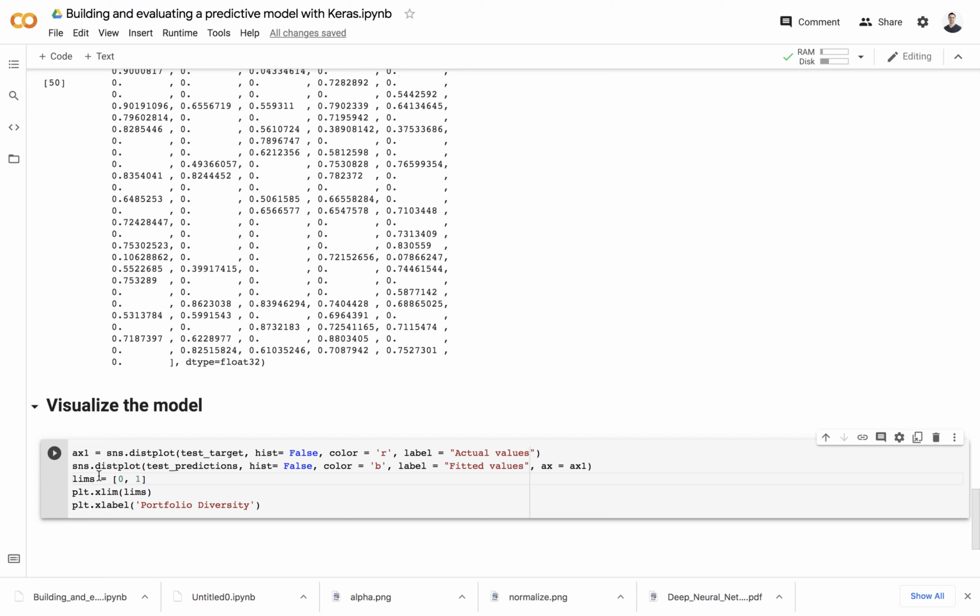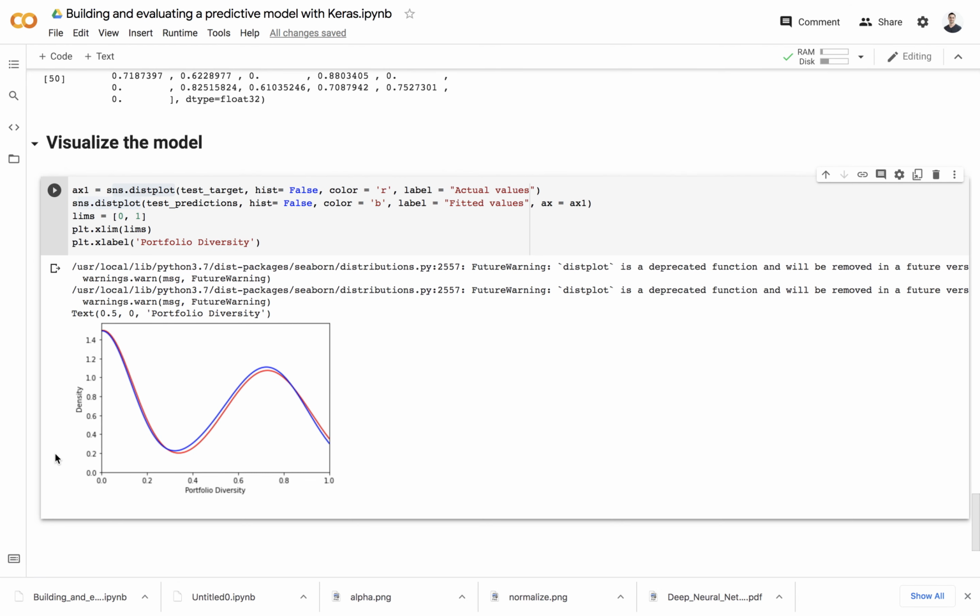So here I have used this plot to see the distribution of my test targets, the actual values and the predicted values. I plot them on the same axis to understand how bad or good the model is.